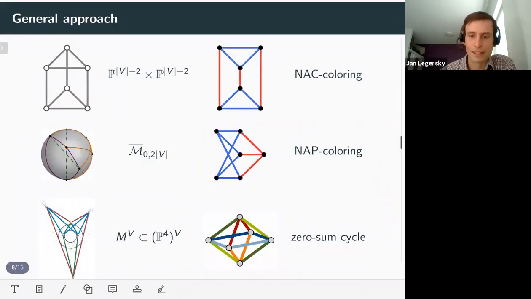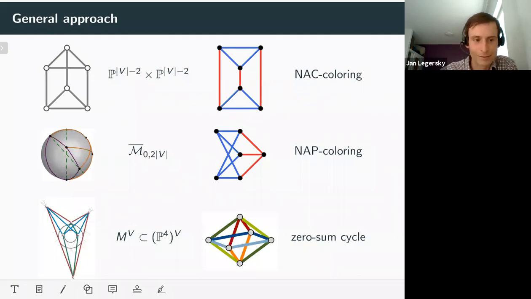So I would like to give you some brief idea how the proof works, or what the general strategy is. And before doing this for the construction of zero-sum cycles, I would like to advertise a bit some of our previous work, because it follows a similar scheme or framework.